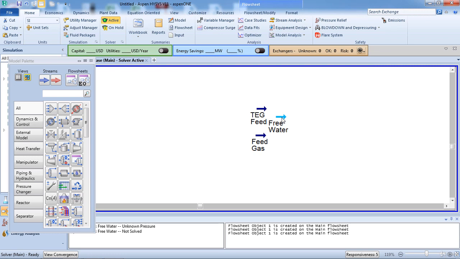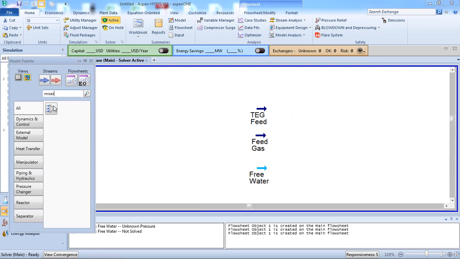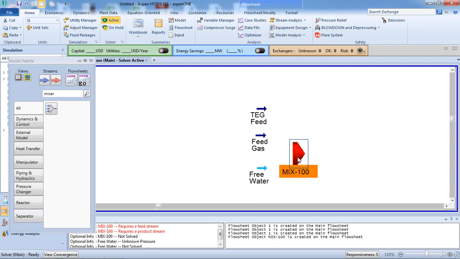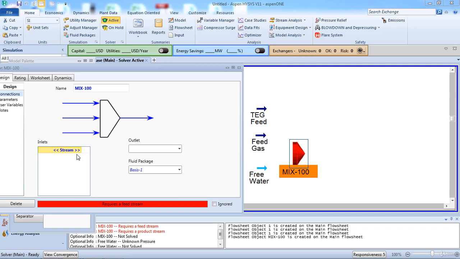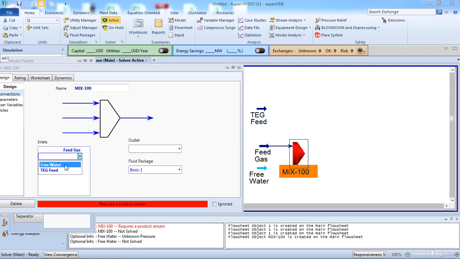But now we can mix both together. So open the mixer, the inlet streams, feed gas and free water, and the outlet will be gas plus H2O.